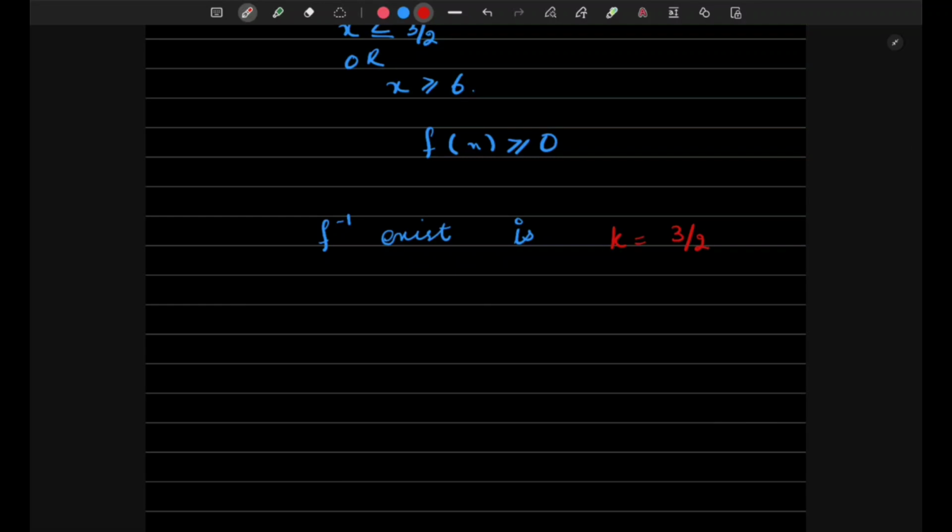This restricts the domain to x ≤ 3/2, making the function one-to-one. If we choose any larger value of k, the function will not be one-to-one. So our answer for the greatest value of k is 3/2.